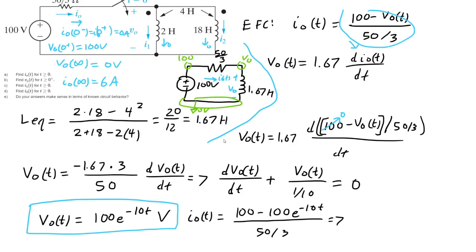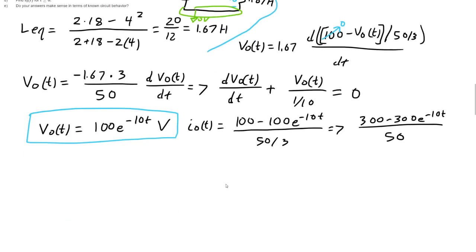So that's going to be 300 minus 300 e to the minus 10t divided by 50. Am I right? Let's see. 300 divided by 50. Yeah, okay. So that means IoT is going to be 6 minus 6 e to the minus 10t amperes.